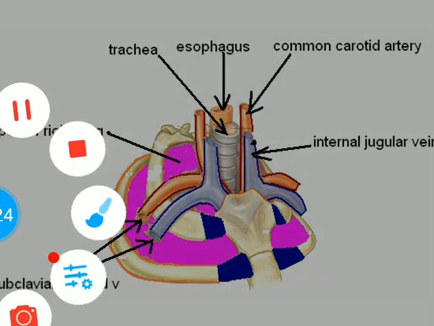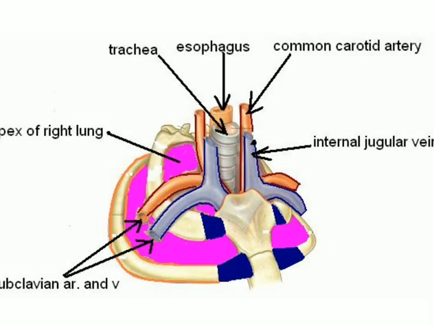So right now, these are some of the structures that are passing through the thoracic inlet. These are some of the features. This is the manubrium sterni, the superior border of it, making up what we call the anterior portion together with the associated costal cartilages of each of the first ribs on either side.